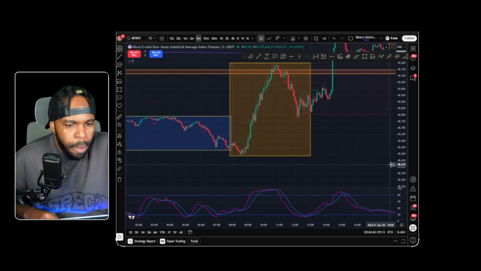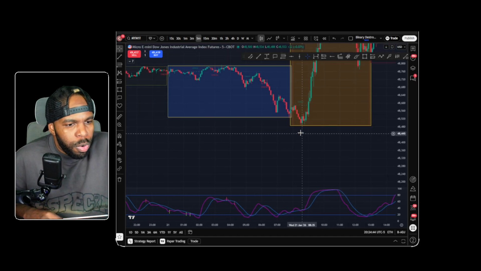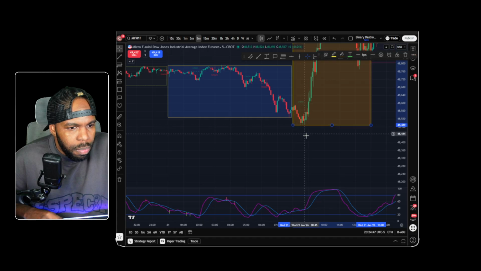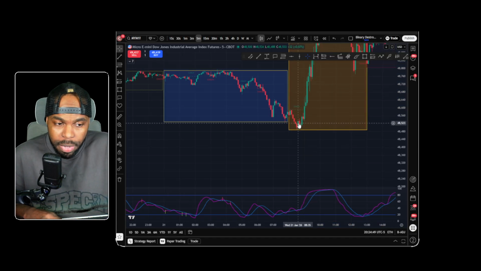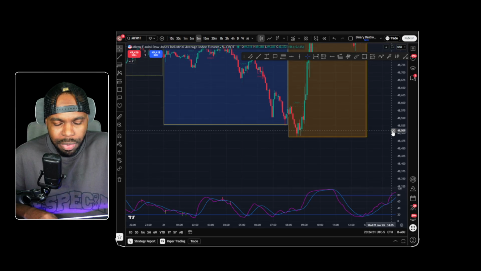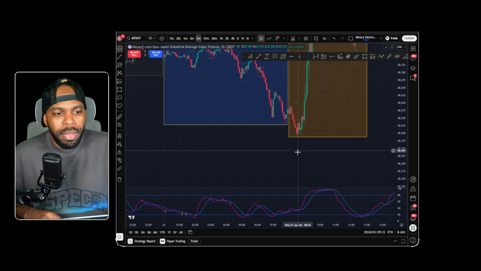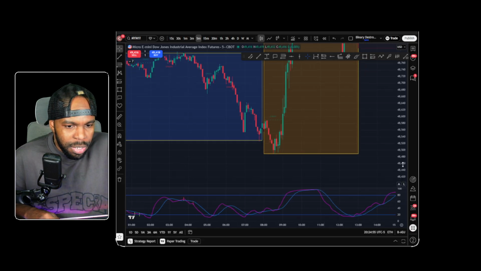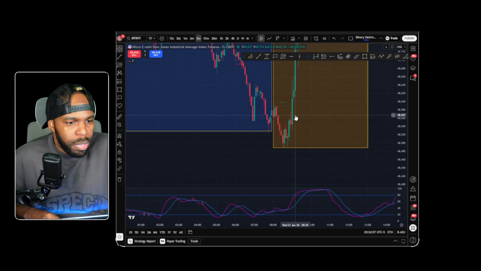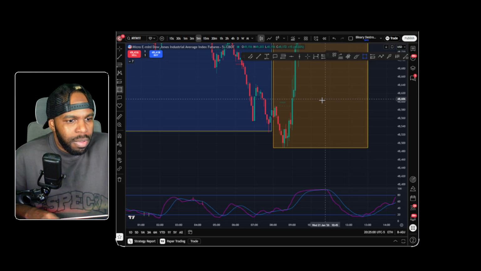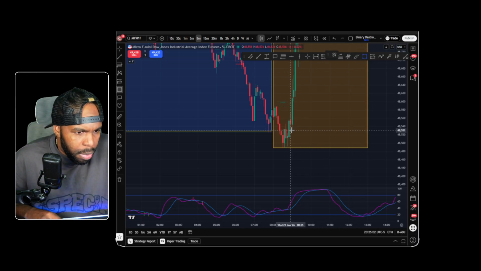Now once you see price come below it or above it, again, what you want to look for is either a bullish fair value gap or a bearish fair value gap. In this case, we swept below it, so we're going to be looking for a bearish fair value gap.